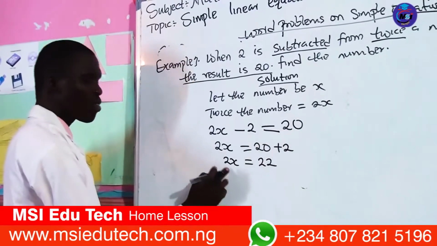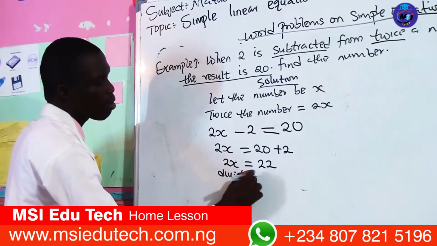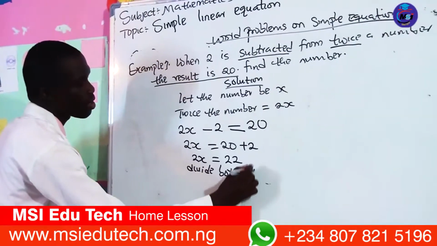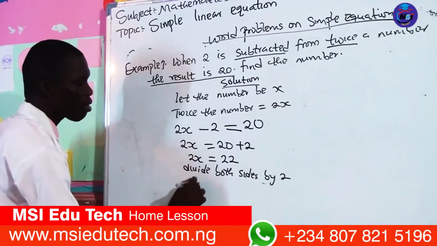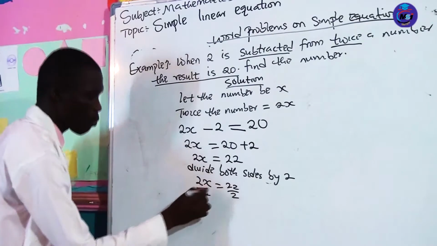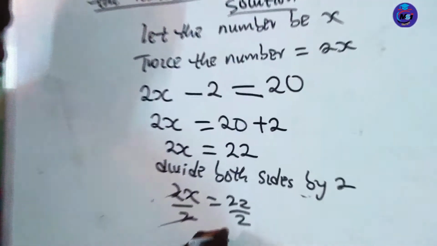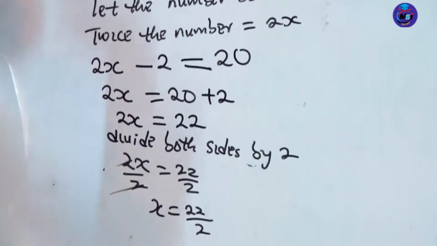And now we have to attach to x. We have to look for a way of removing the 2. Divide both sides by 2. We have 2x over 2 equals 22 over 2. 2 cancels 2. x will give us 22 all over 2.